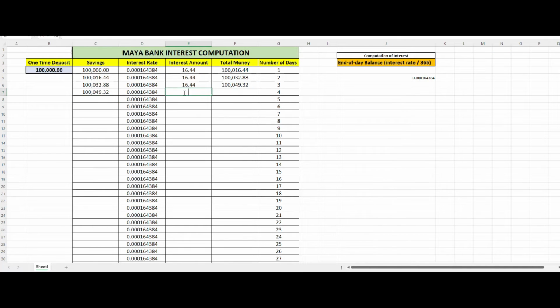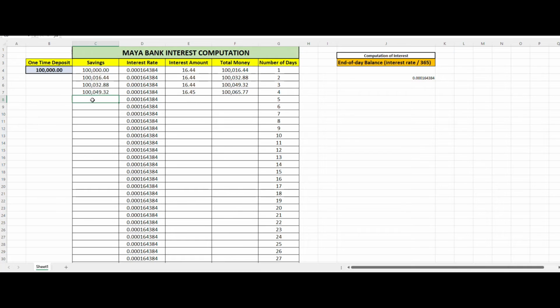Then in day 4, this is now your new amount. For the interest amount, we have the savings times the interest rate. So this is now the interest amount, and the total money in day 4 is the savings plus the interest amount. So you have 100,065.75 pesos.